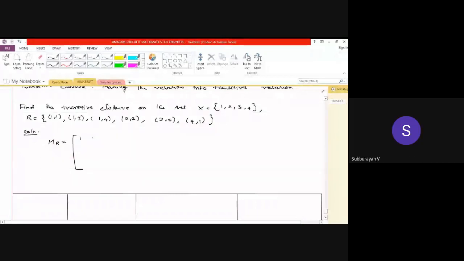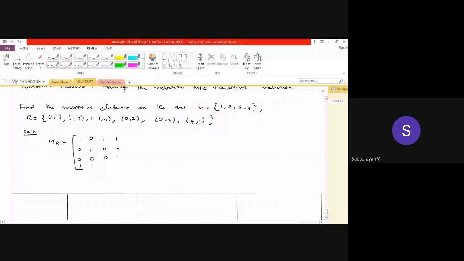And (3,4) is there, so this is 1. And (4,1) is there, so put 1, and then 0 0 0.